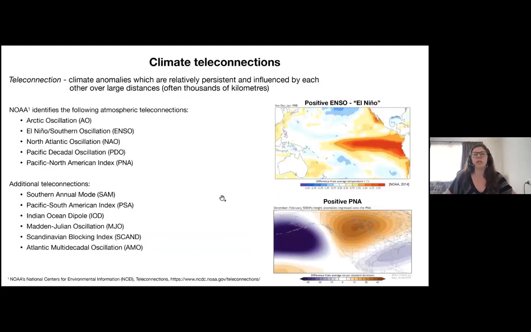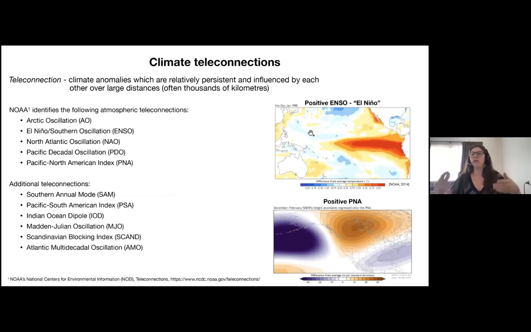So climate teleconnections are basically anomalies in atmospheric and oceanic variables that can represent states of the climate, which are relatively persistent and influenced by each other over very large distances, often thousands of kilometers. El Nino is probably the most popular of those that is talked about all the time.